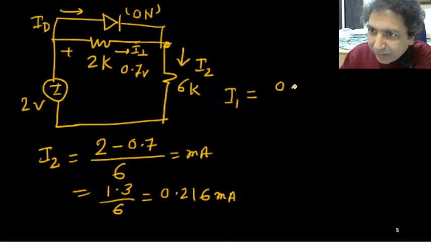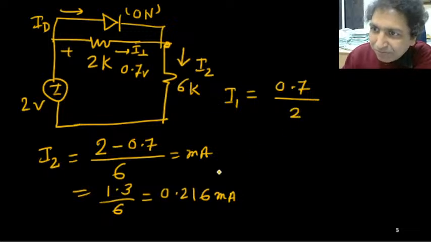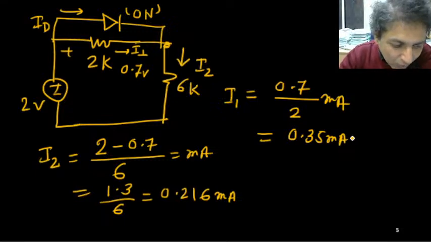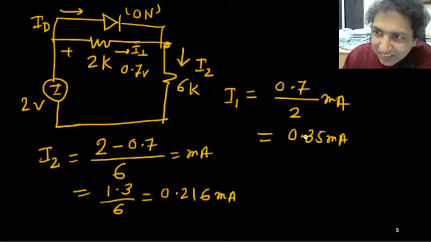So this 0.7 volt is the drop, and upon 2, that is in milliampere, this value will be 0.35 milliampere. So I1 is 0.35 milliampere.